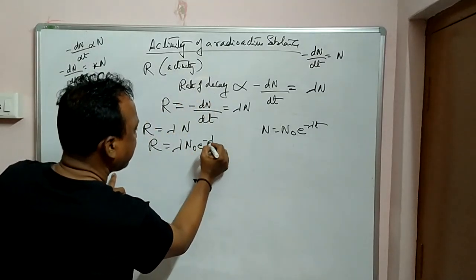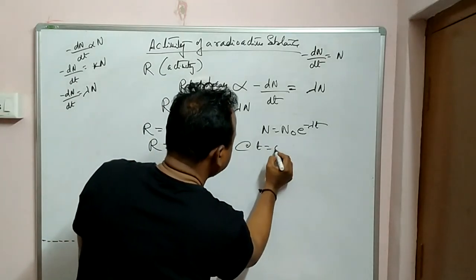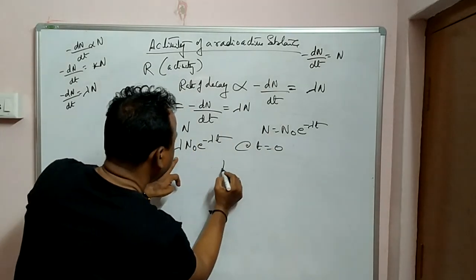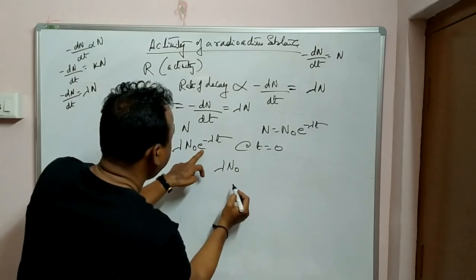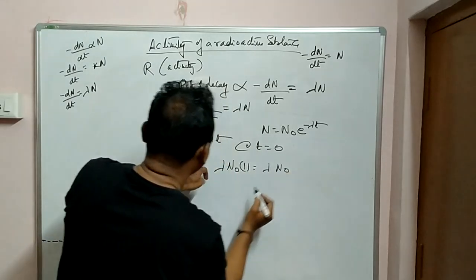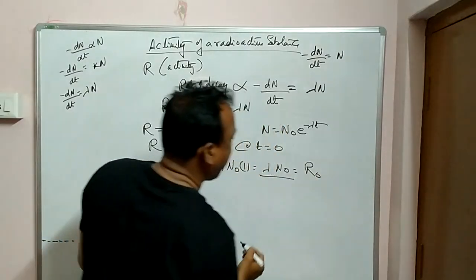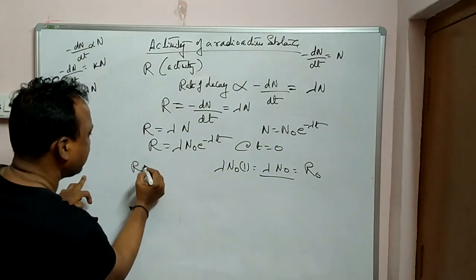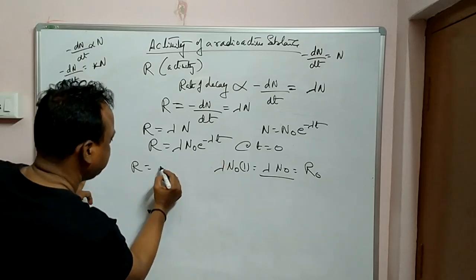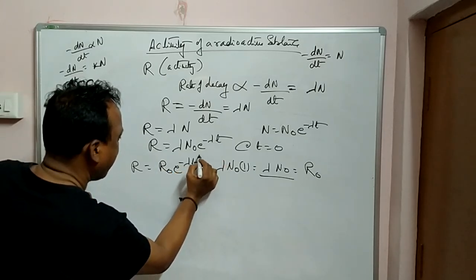Now at t is equal to 0, lambda N0 e power 0, again 1, so lambda into N0. But this lambda into N0 is the initial activity, R0. So R is equal to R0 into e power minus lambda t.